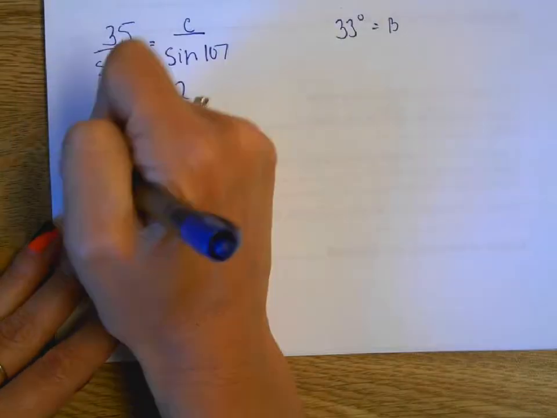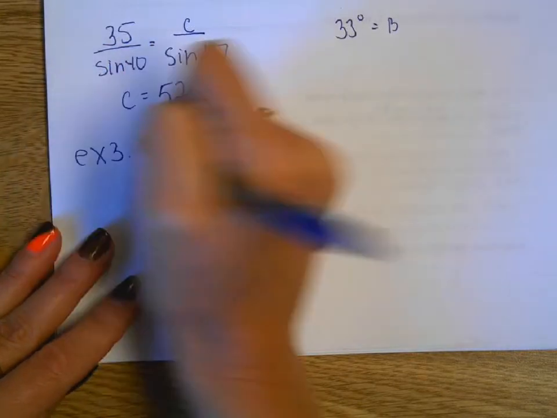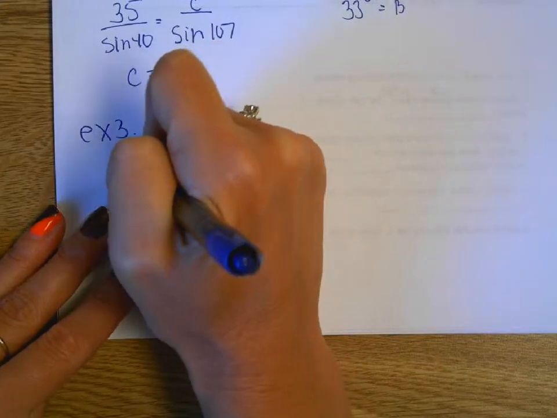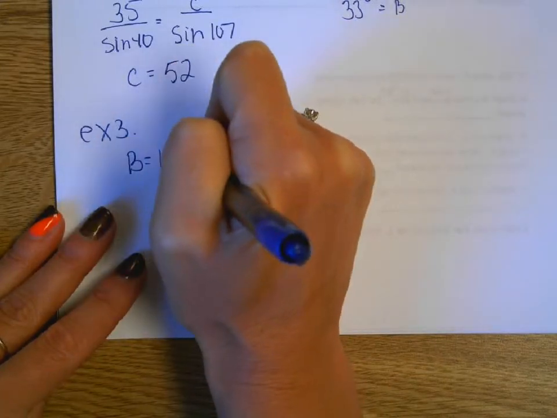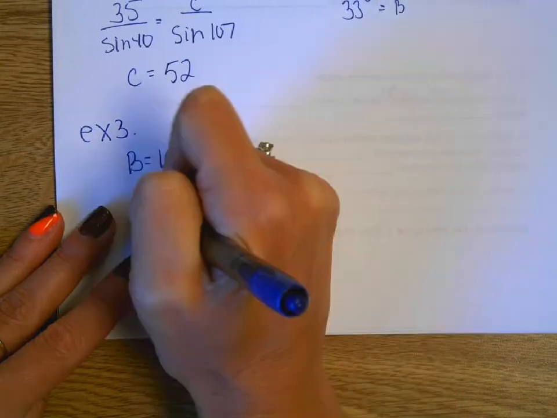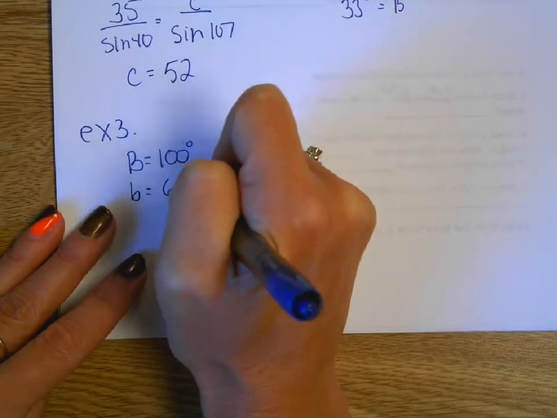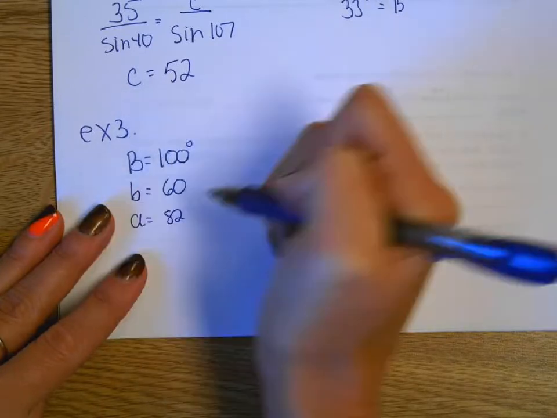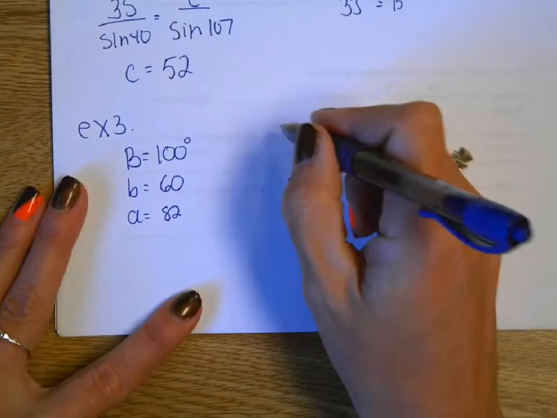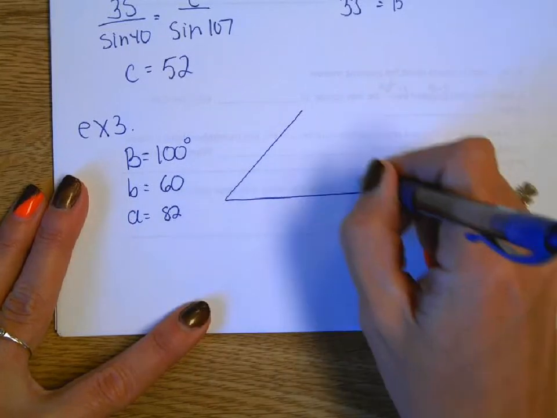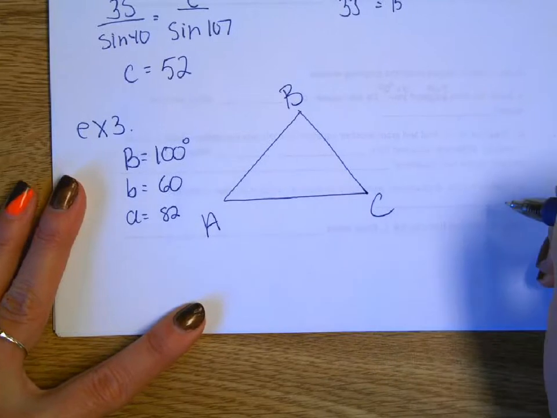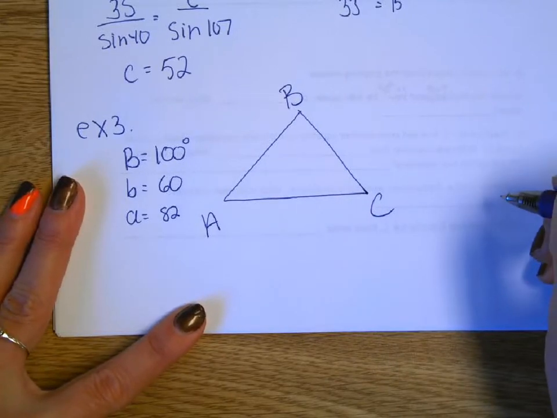Angle B is 100 degrees. Little b is 60. And little a is 82. Label your three parts.